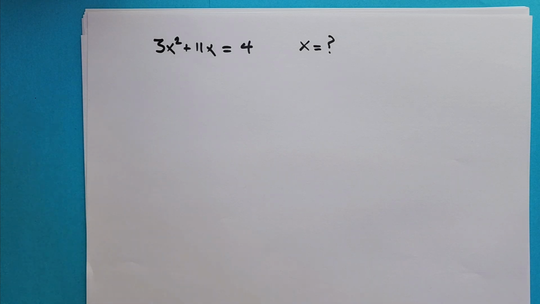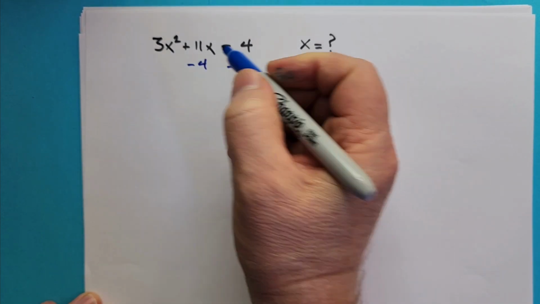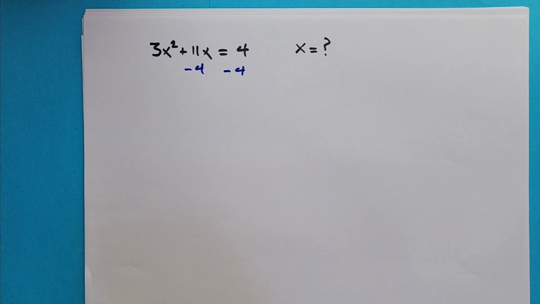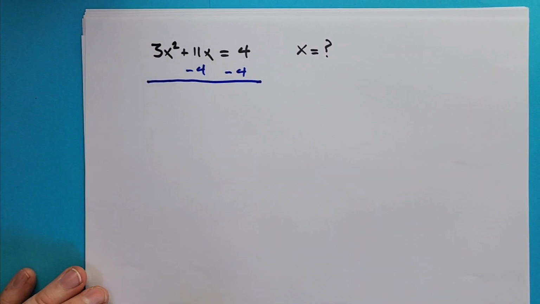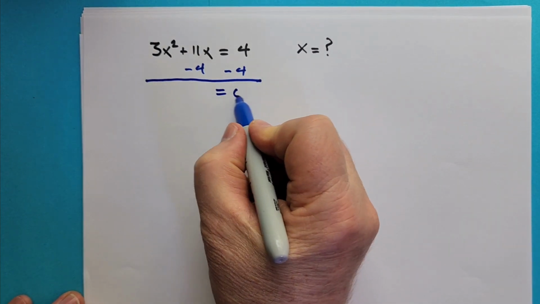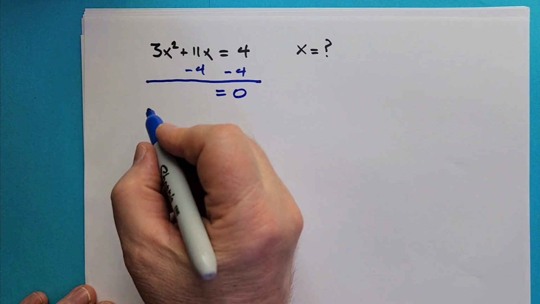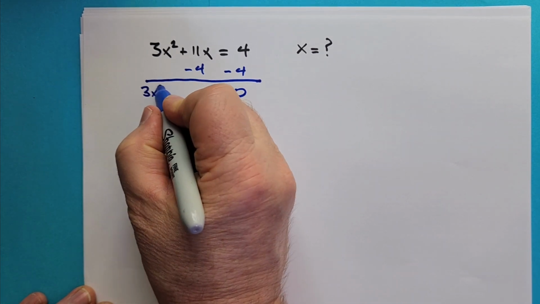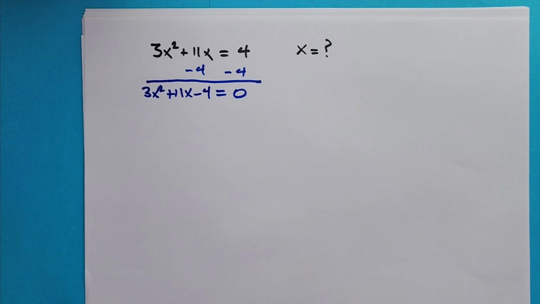So we're going to use algebra to show it. So we're going to actually subtract out the 4 on both sides. And because I am using the additive inverse, I'm going to go ahead and put a sum line in there. It's a nice visual. So that does leave us with 0 on that side of the equation, which is perfect. And then we have 3x squared plus 11x minus 4 on the other side of the equation.